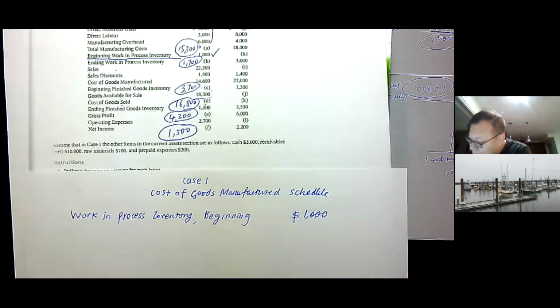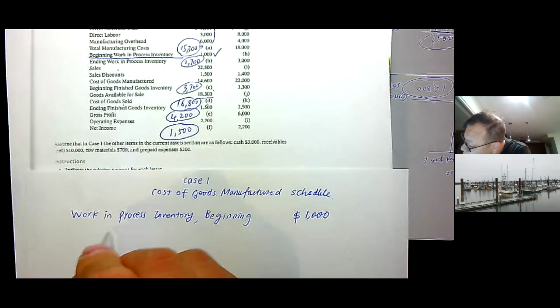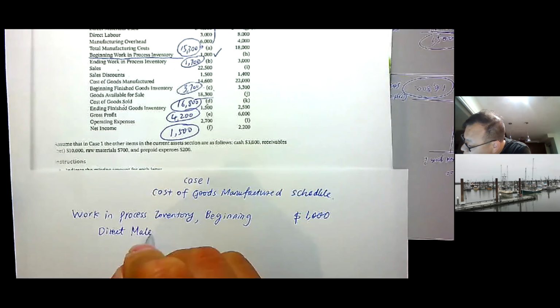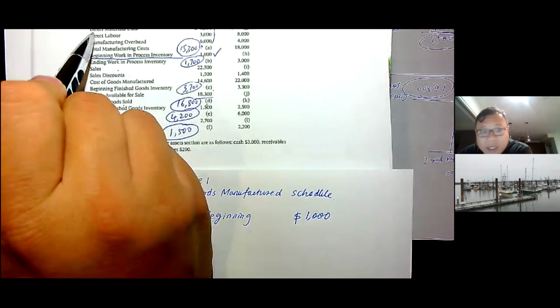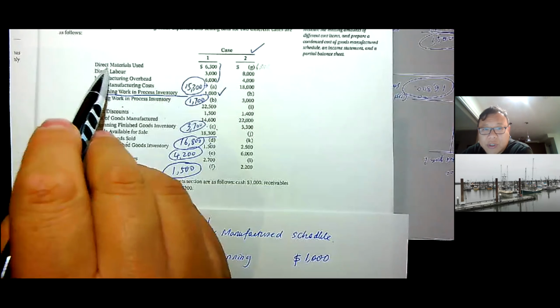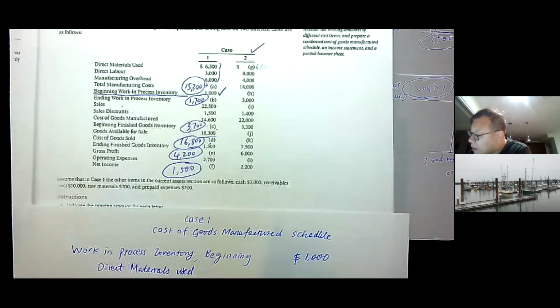Okay, and then direct materials used. That information is here. Direct materials used, 6,300.